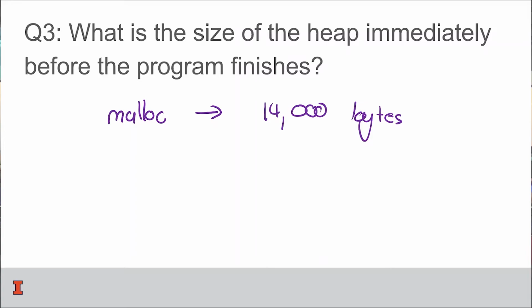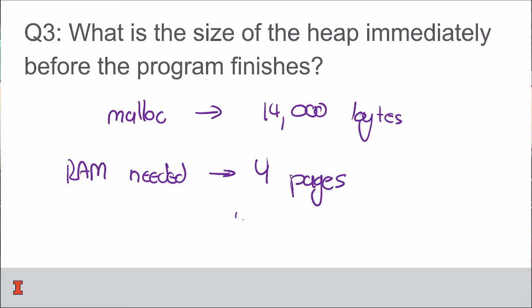But the actual space needed to store our entire heap, if we need to put all of our heap in RAM at once, is not 14,000 bytes, but it has to be the smallest number of pages large enough to contain at least 14,000 bytes. So I think we actually need 4 pages, or 4 kilobytes times 4, which is 16 kilobytes of data to store it in RAM. Yeah?